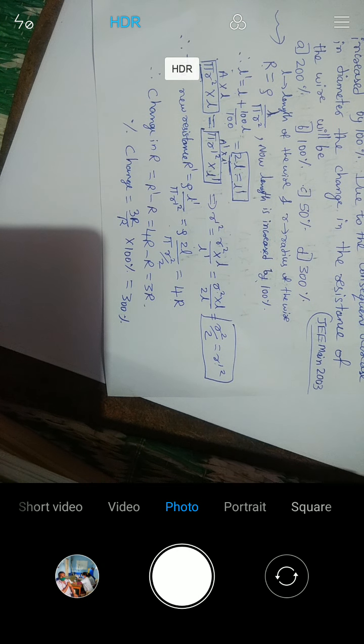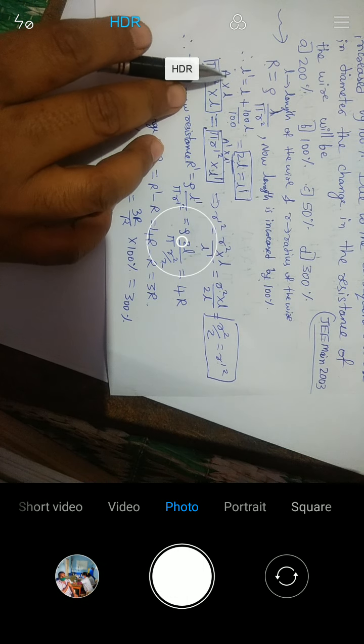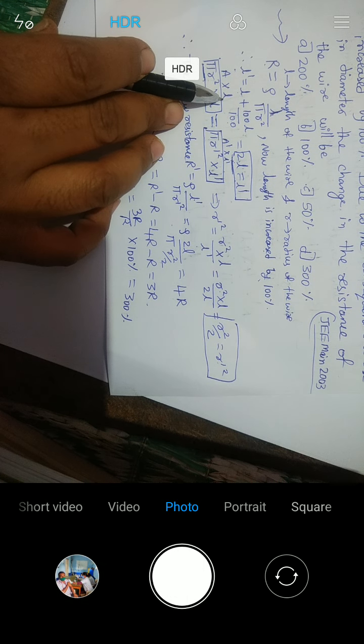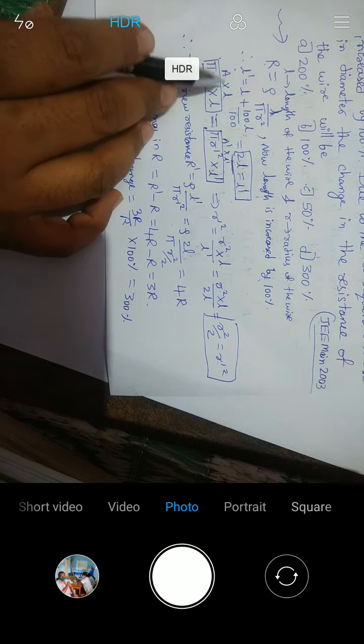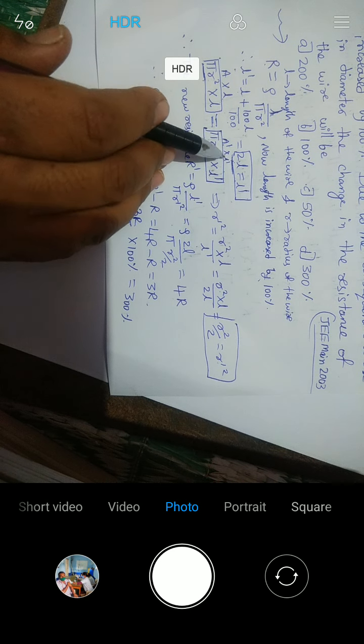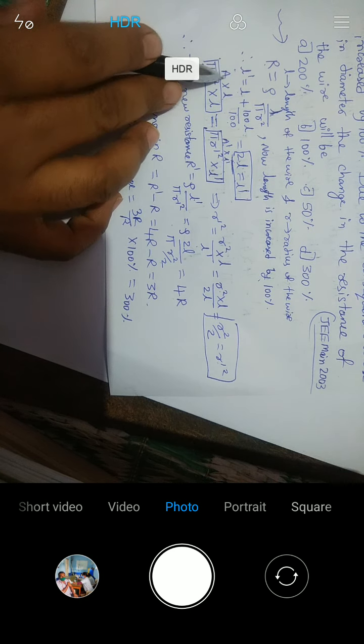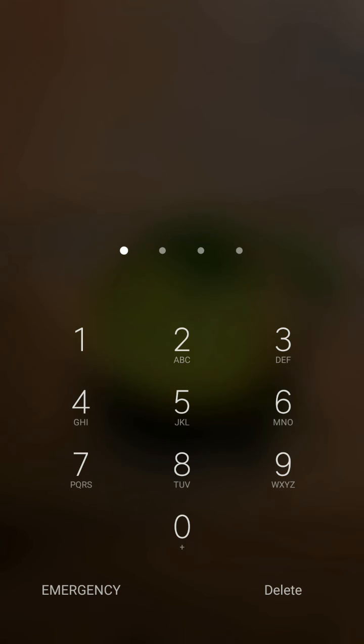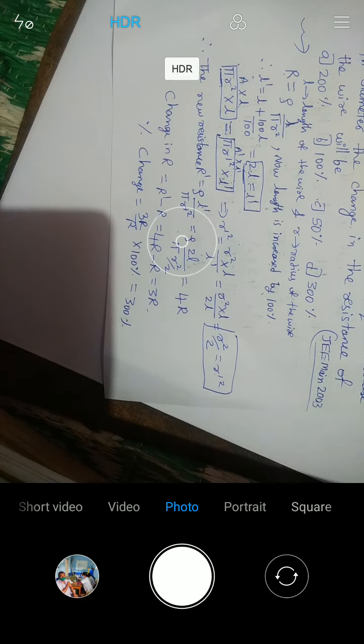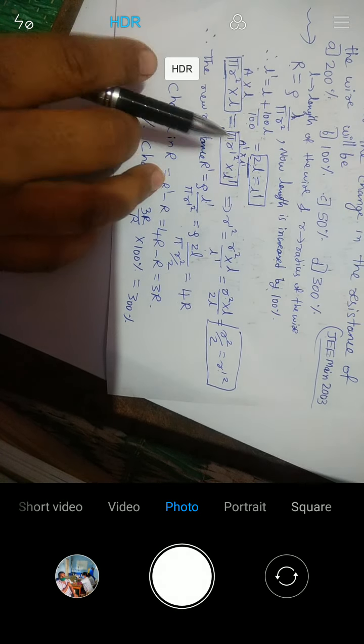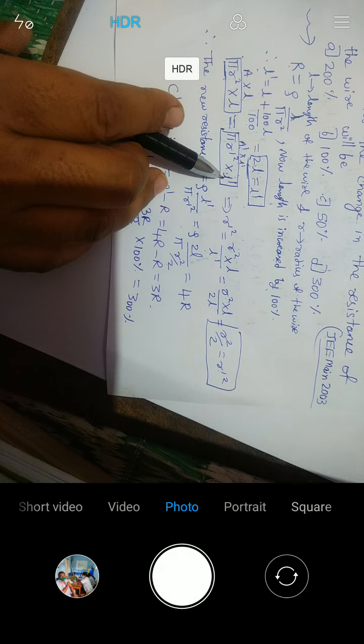If the length is increased and its radius is decreased in such a way that the volume of the cylinder remains constant, therefore, area into length is the volume. So A into L is equal to A dash into L dash. Area is pi r square, and that equals pi r dash square into L dash.